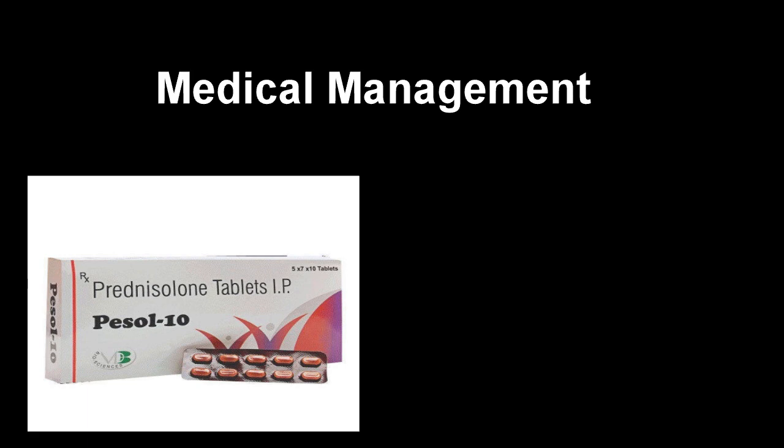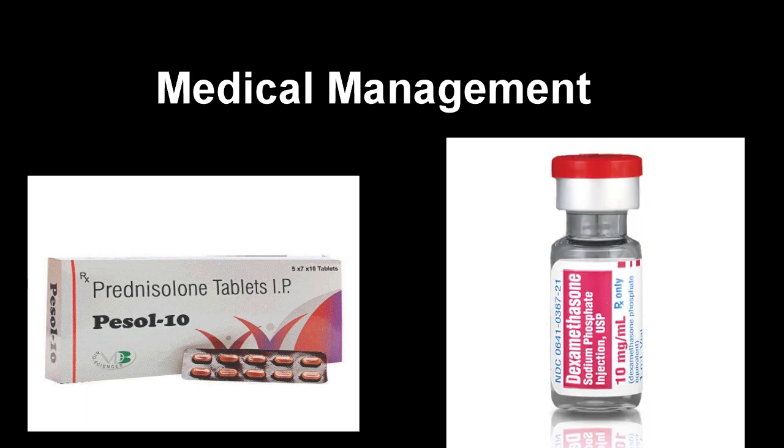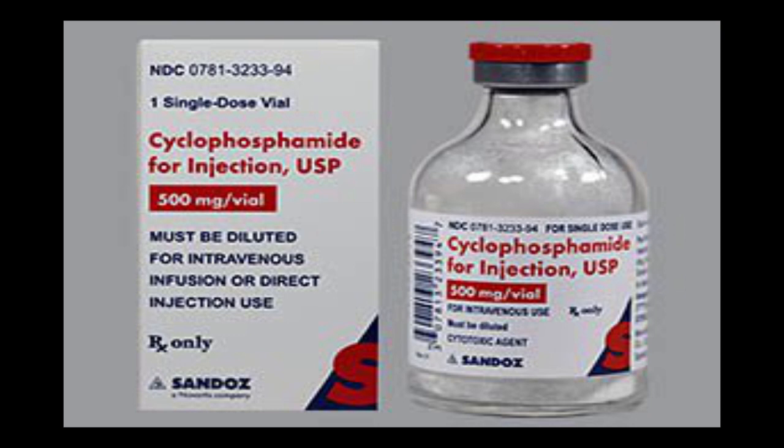So now let's discuss how to manage multiple sclerosis. The medical management is usually symptomatic. It means we can treat according to the symptoms of the patient. The medications mainly used are corticosteroids, for example prednisolone, dexamethasone, etc. Another group of drugs used in multiple sclerosis are anti-neoplastic drugs like cyclophosphamide.